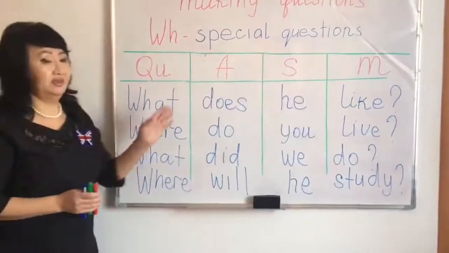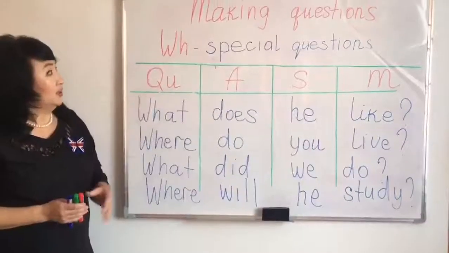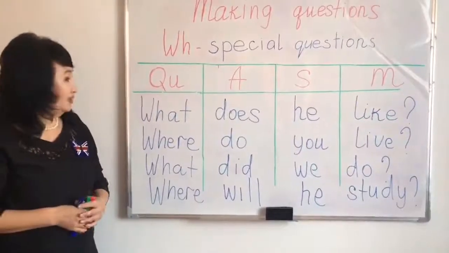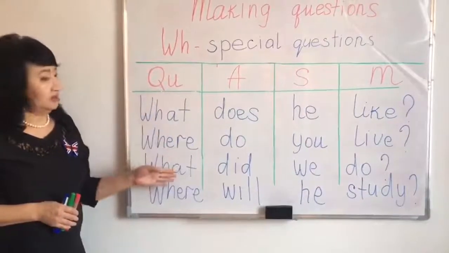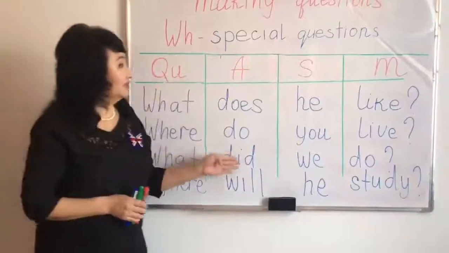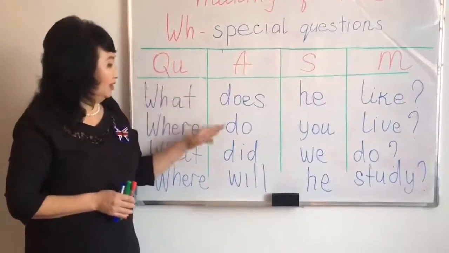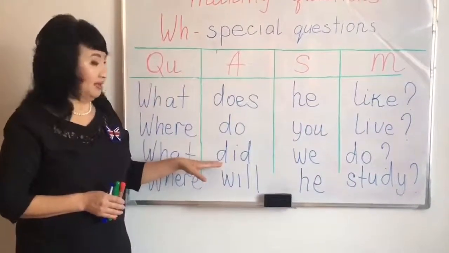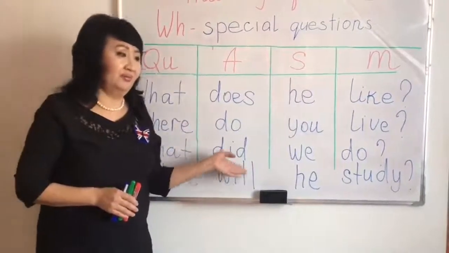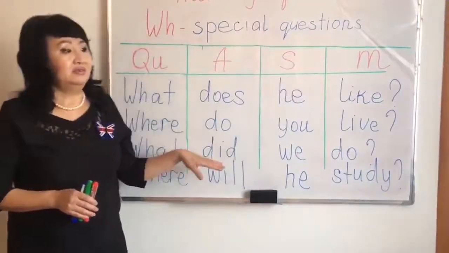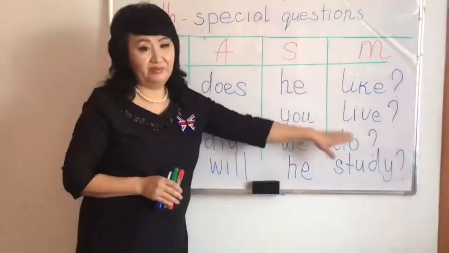So it is a very effective way to remember how to make WH special questions correctly. Firstly, you put the question word, then the auxiliary verb: in present simple do, does; in past did; in future will; in perfect have, has; and then the subject and the main verb.